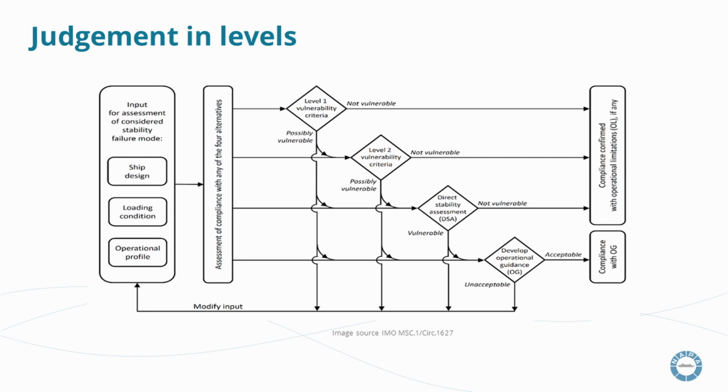And if a ship failed the direct stability assessment, operational guidance could be worked out, allowing it to still operate in the same environment as long as certain measures are taken when the situation needs it.